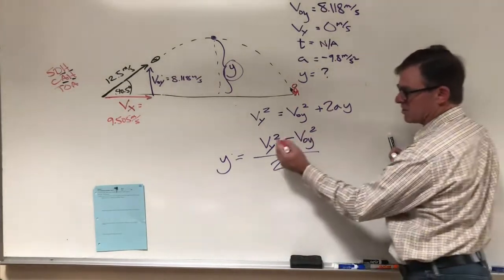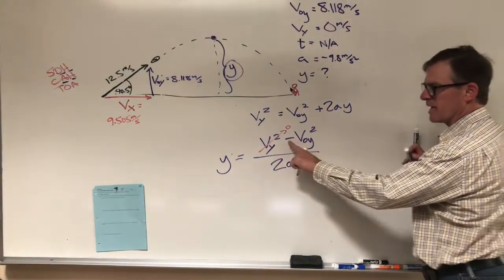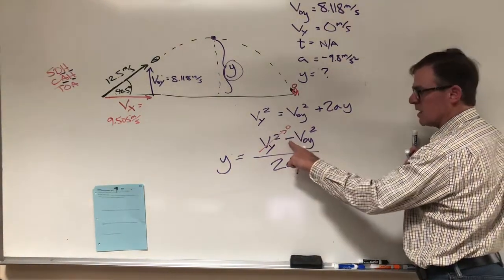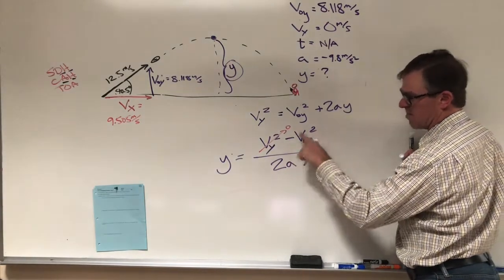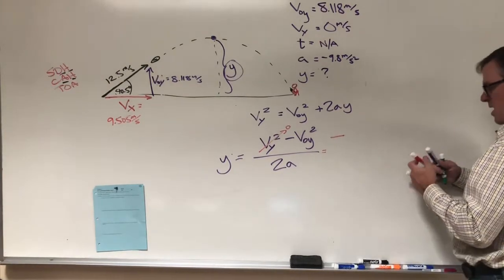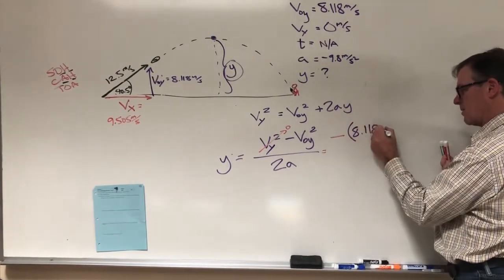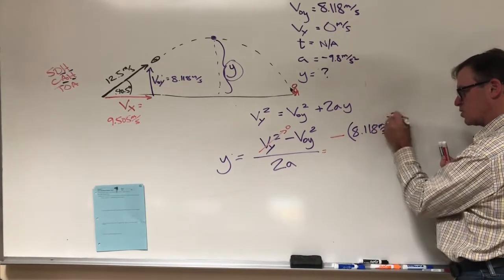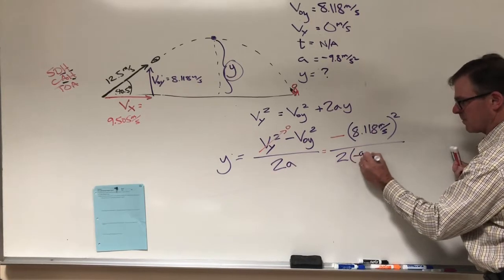As I said, now's a good time to cross this out. It's 0. Don't forget, we had an issue on the last quiz. This negative is external to the problem. You square this number, then you make it negative. So negative v naught y squared, 8.118 meters per second squared, over 2 times negative 9.8.